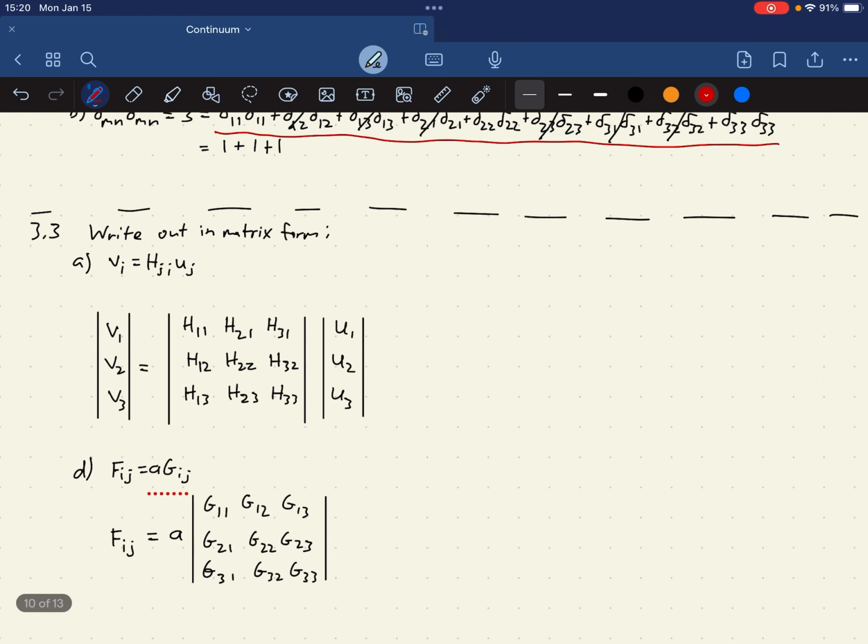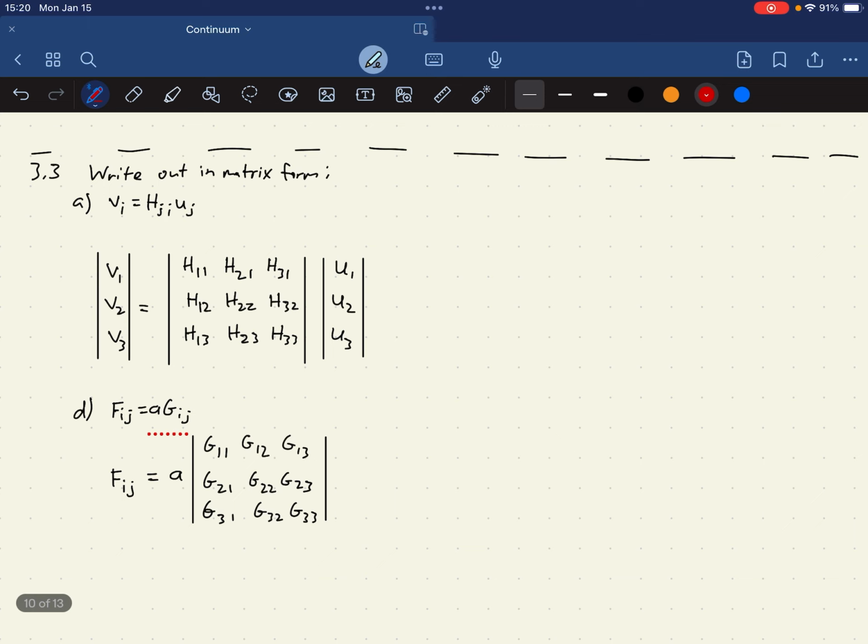Moving on to 3.3, we're asked to write out in matrix form the parts from 3.1. So in part A, we had that V sub i is equal to H sub ji times U sub j.